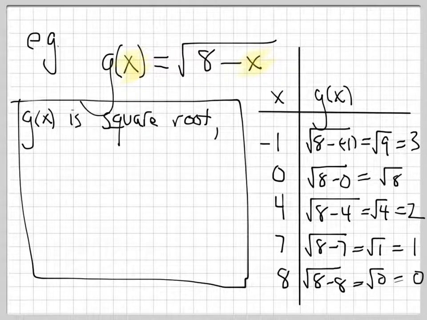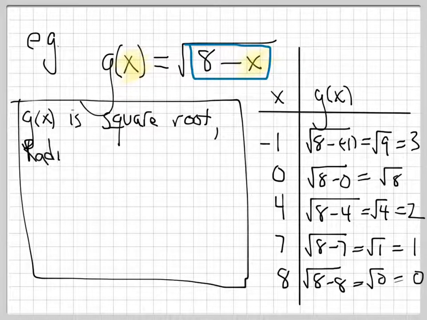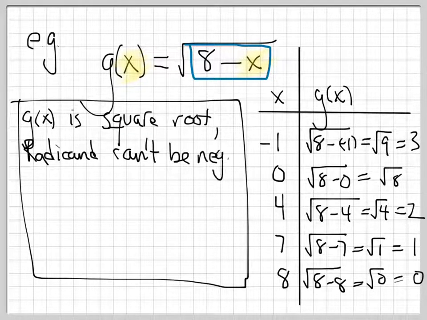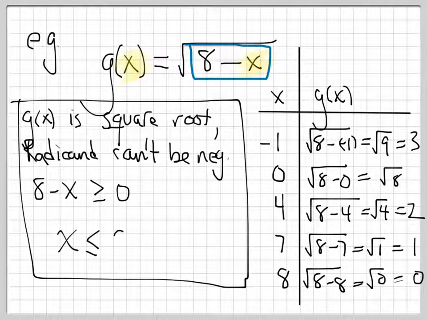So the radicand, and remember, what's under the square root is called the radicand, can't be negative. And so we take what's underneath, 8 minus x, and set it greater than or equal to 0. And if you solve, you see that that's x less than or equal to 8.